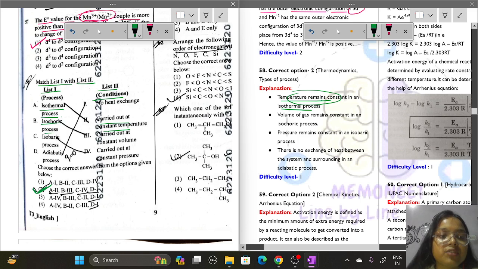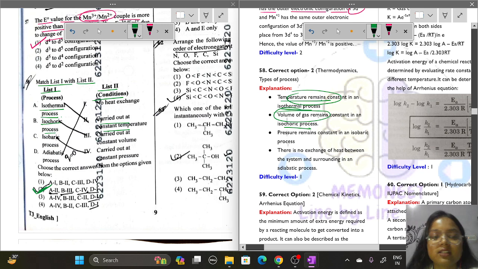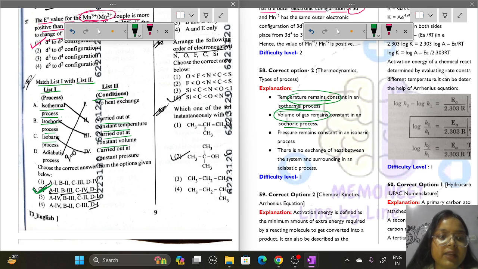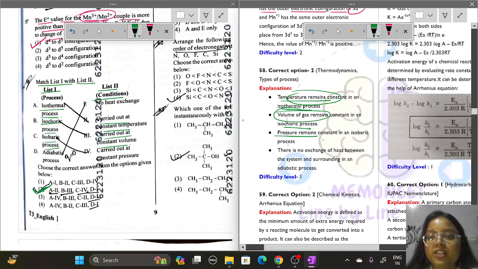So for isochoric process, the volume will be constant. Next is the isobaric process. Okay, let us see B is 3. B is 3 is also here. Next is the isobaric process, the pressure remains constant.